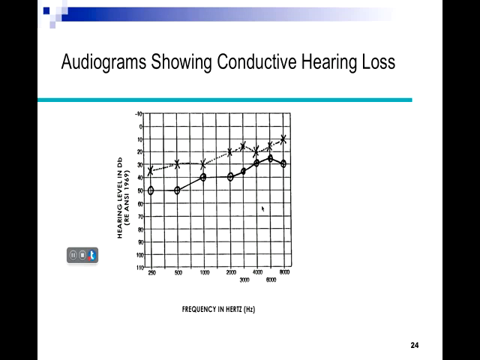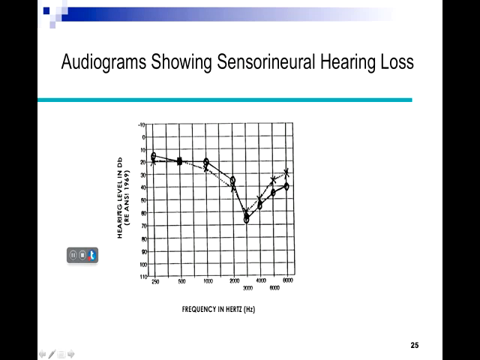This again exemplifies that for some reason, sound from the environment is not properly being conducted into the inner ear. This could be due to a blockage in the ear canal, a perforated eardrum, a broken bone in the middle ear, a lot of different causes, but they'll all show this same type of audiogram.